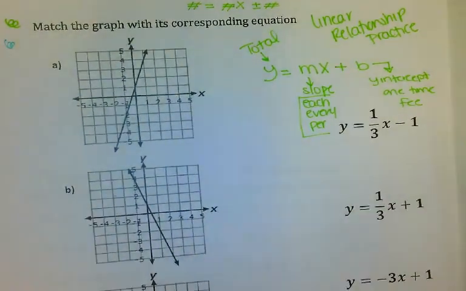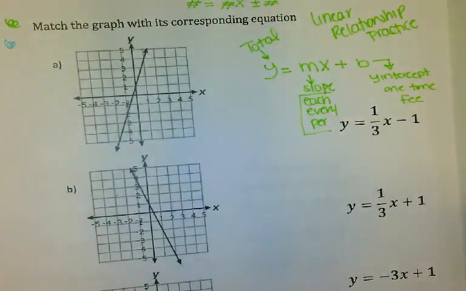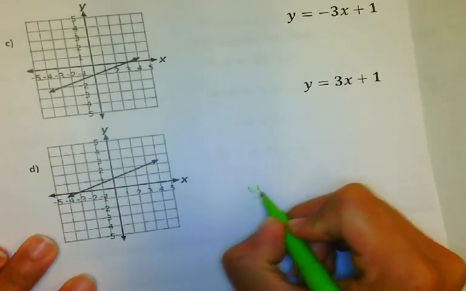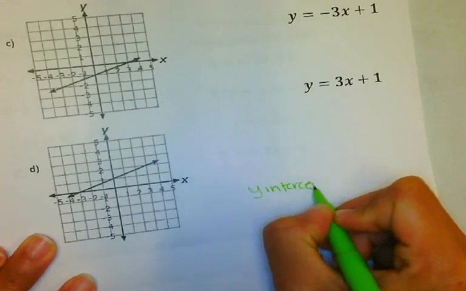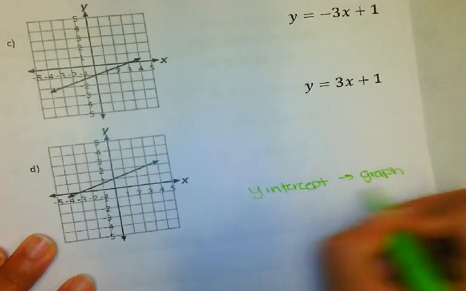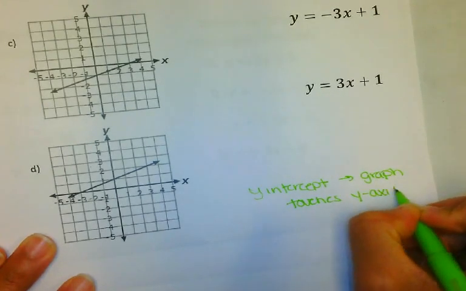But your b gives you a lot of information, especially when it comes to matching. Now your b is your y-intercept. What the y-intercept is, and I need you to write this down, is where the graph touches the y-axis, okay?